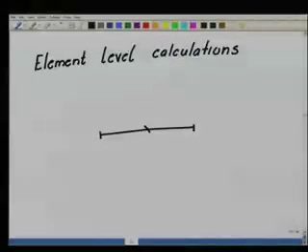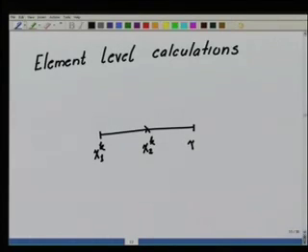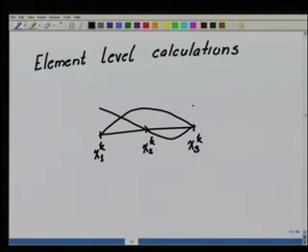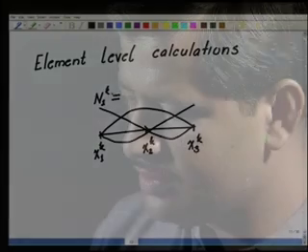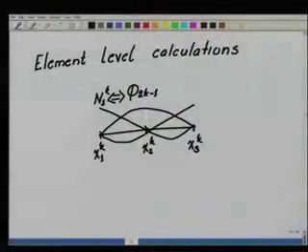Now, let me redraw the whole figure again for the element. This is x1 of element k, x2 of element k, x3 of element k, and if you remember, this was n1, n2, n3. So, this was n1 of element k, which is equivalent to phi 2k minus 1.